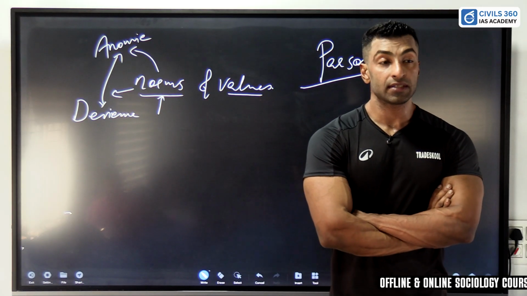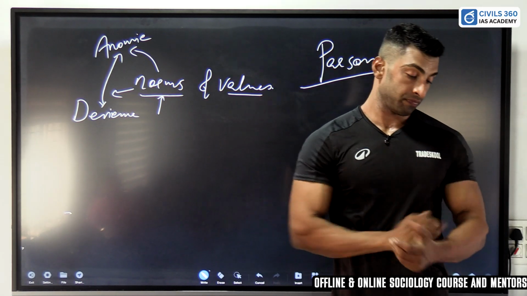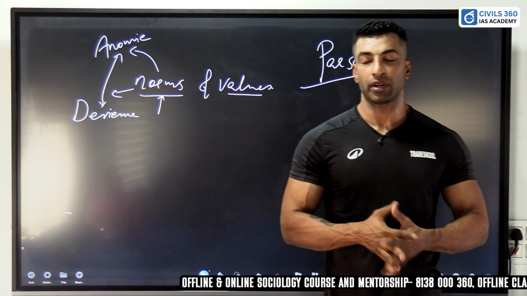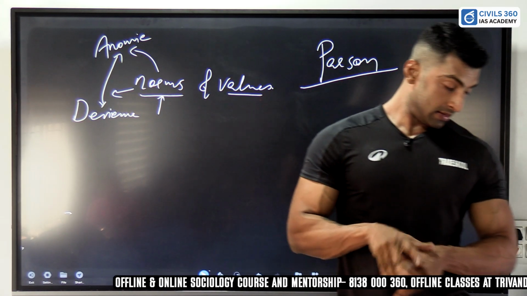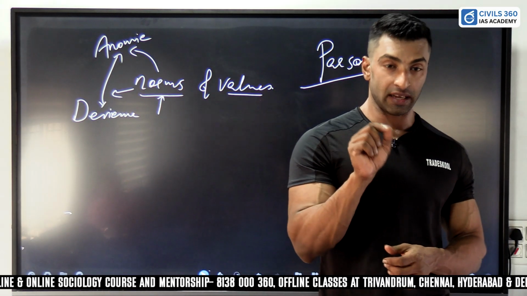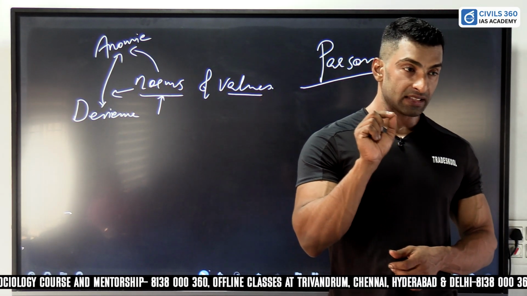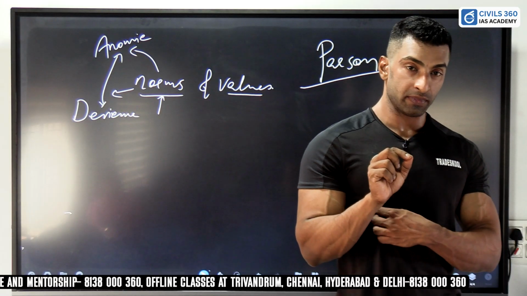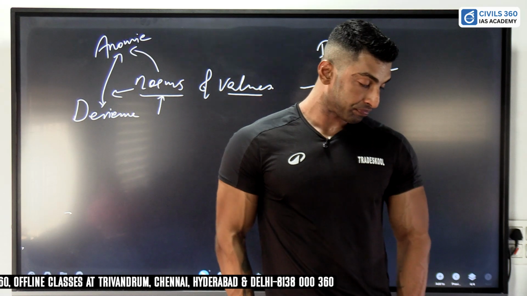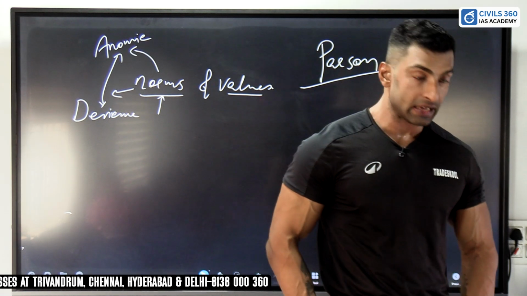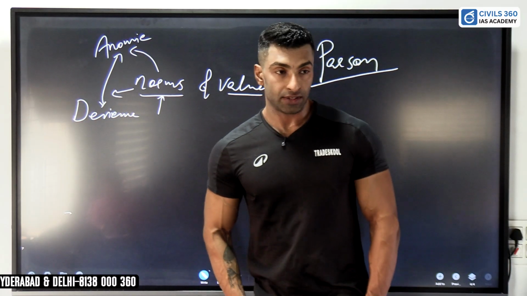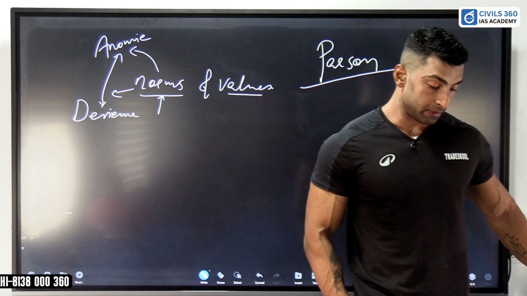Okay, different stratification systems. Society is based on some pattern of social stratification. Full stop. Some patterns of social stratification. Full stop. Now, next sentence. On the basis of different criteria, different stratification systems can be identified.